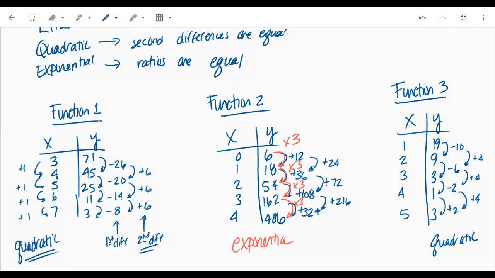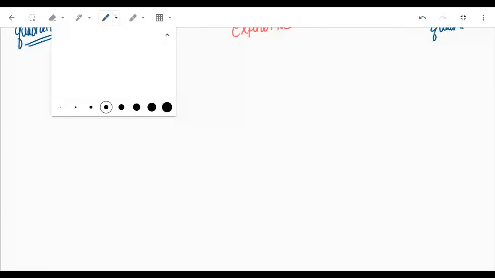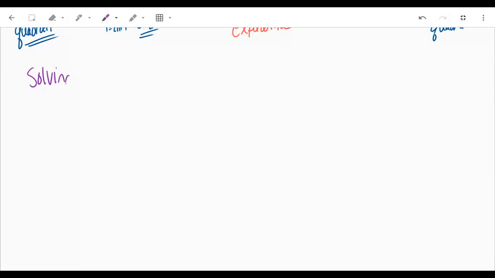All right. Our last topic of this whole unit. We have solving an exponential equation.